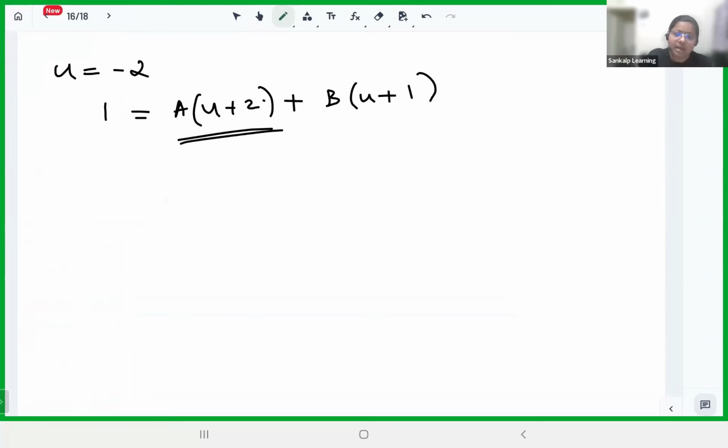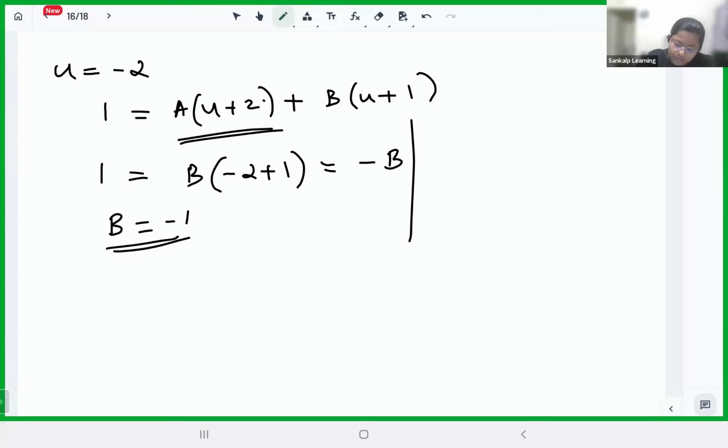If you put u equal to minus 2, this term gets cancelled. So 1 is equal to b into minus 2 plus 1, that is minus b, which means b is equal to minus 1. We have got the value of b.